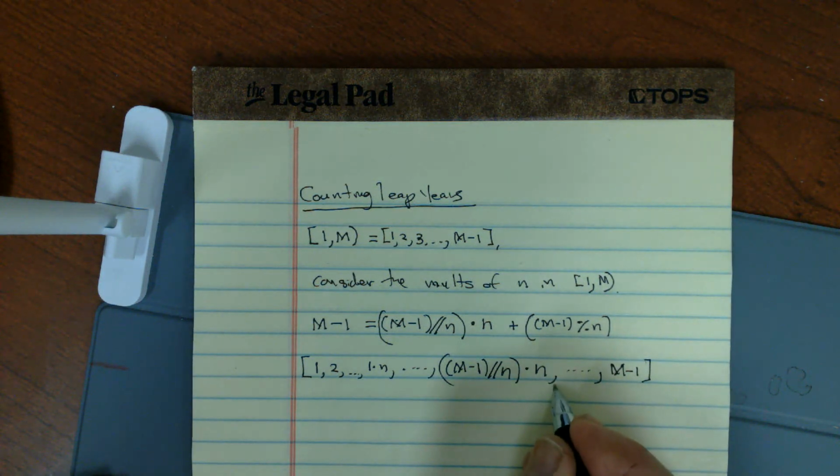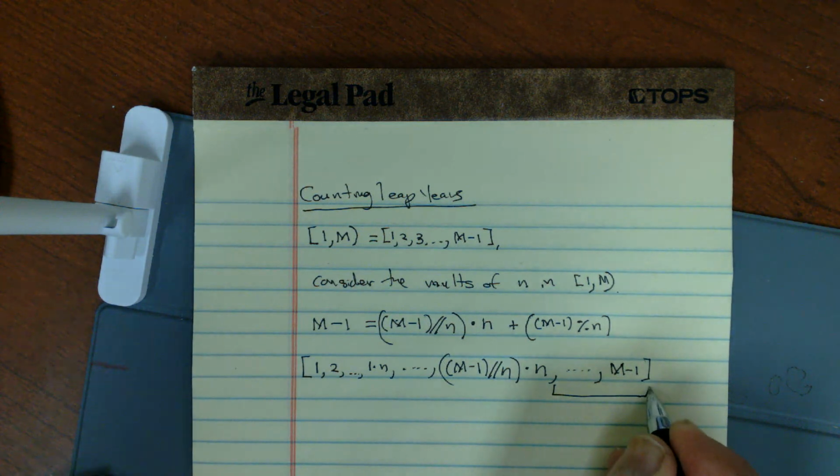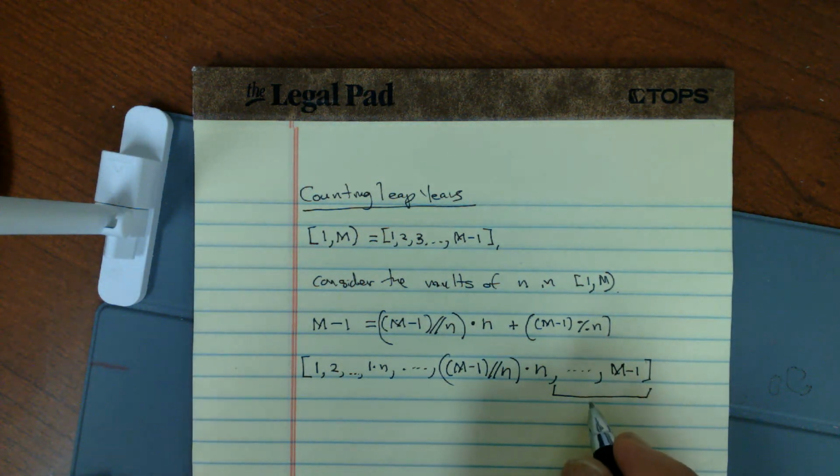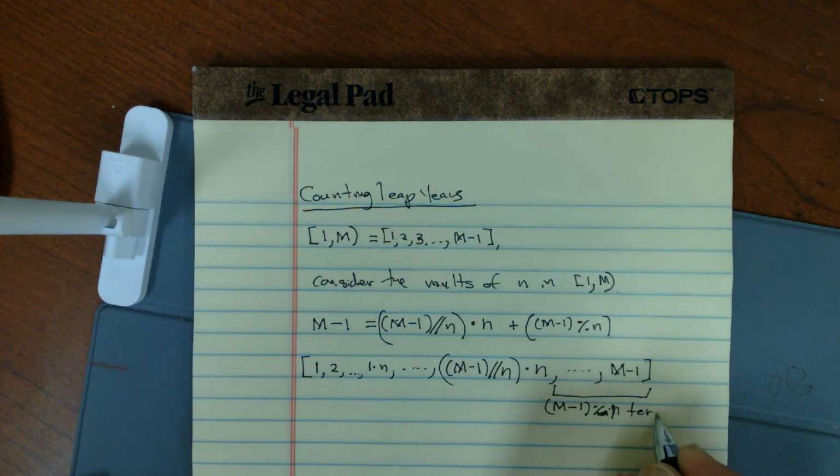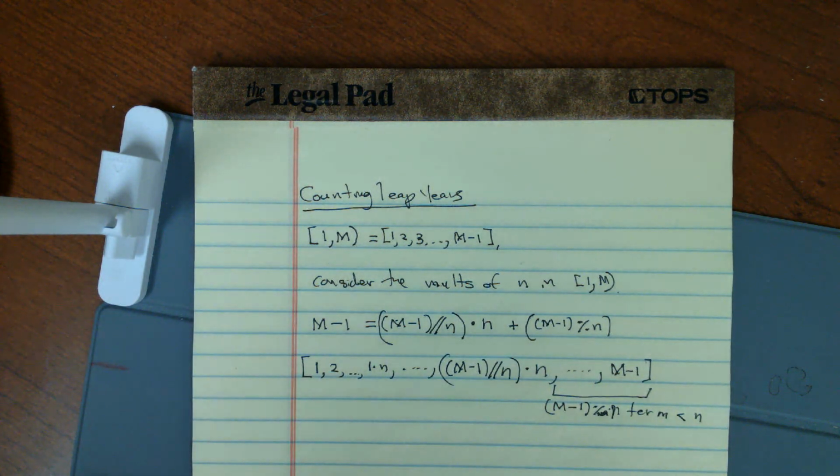From there to the end, there are going to be M minus 1 modulo n terms. Okay, I'm not a good writer. M minus 1 modulo n terms, and that is strictly less than n.